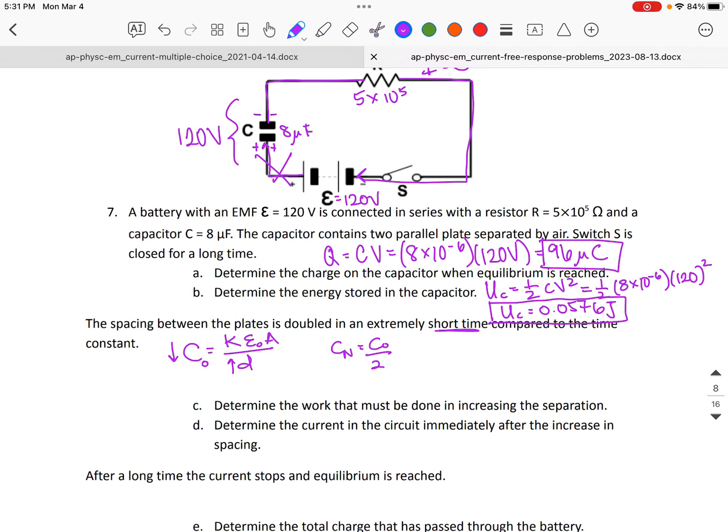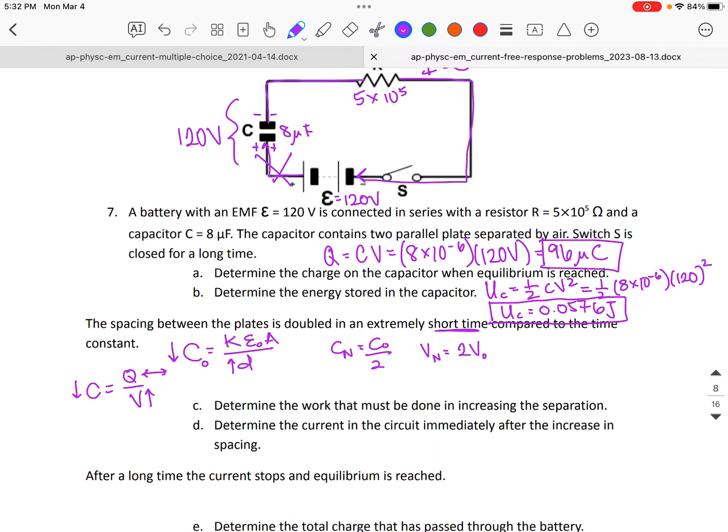So our equation here is charge over voltage. In a short period of time, no charges have moved yet. And therefore, if the capacitance decreases, the voltage has to increase. They are inverse proportions. So V new is equal to double the original voltage.